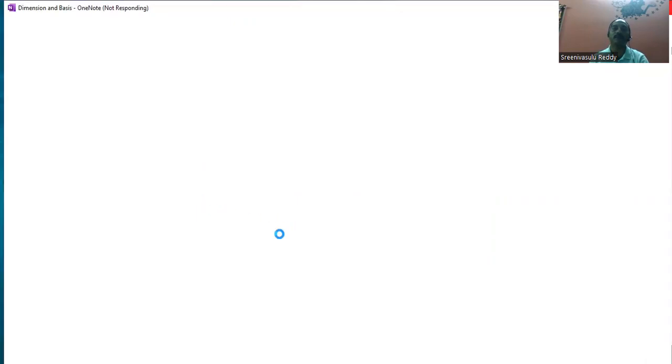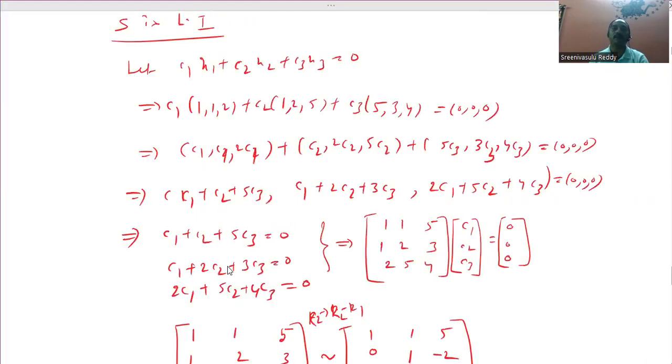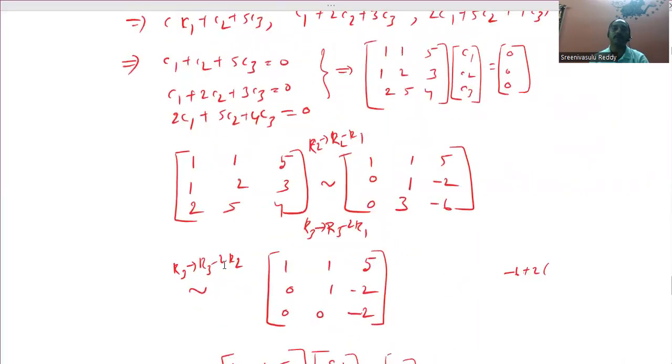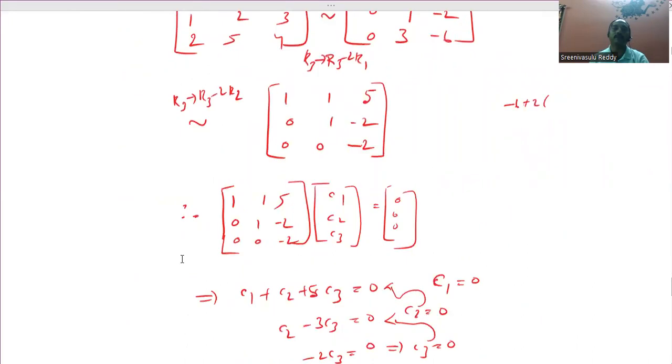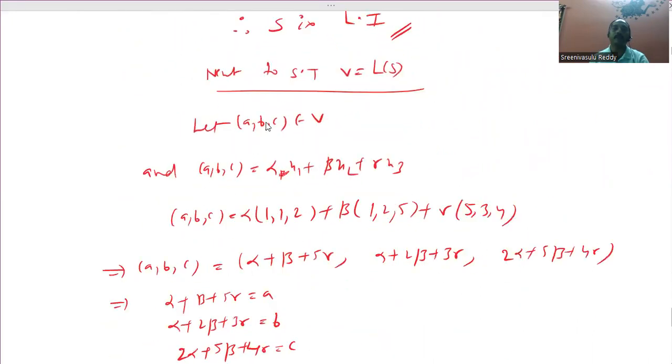Examine means verify, and verify means it may be true or false. Here S is linearly independent, verification. Next, verify, not show that. Examine means verify.